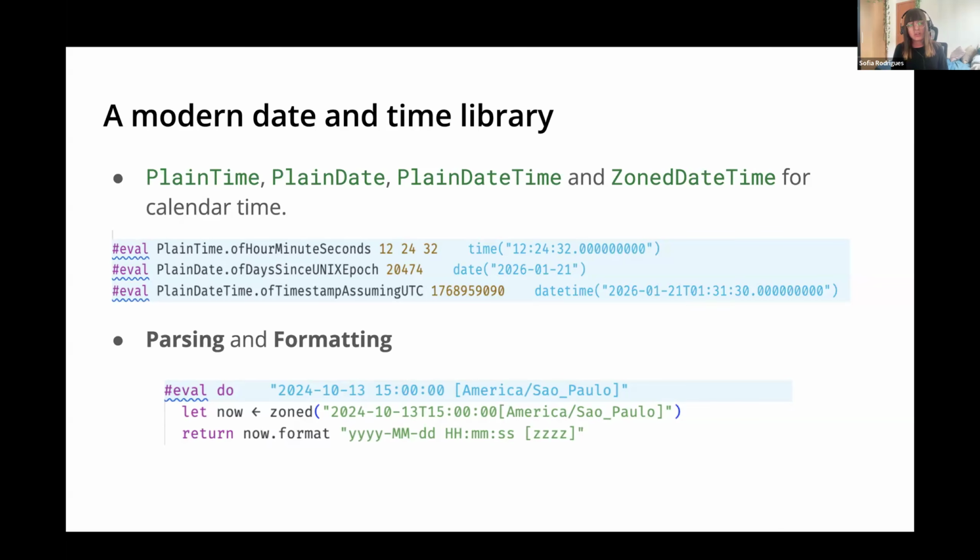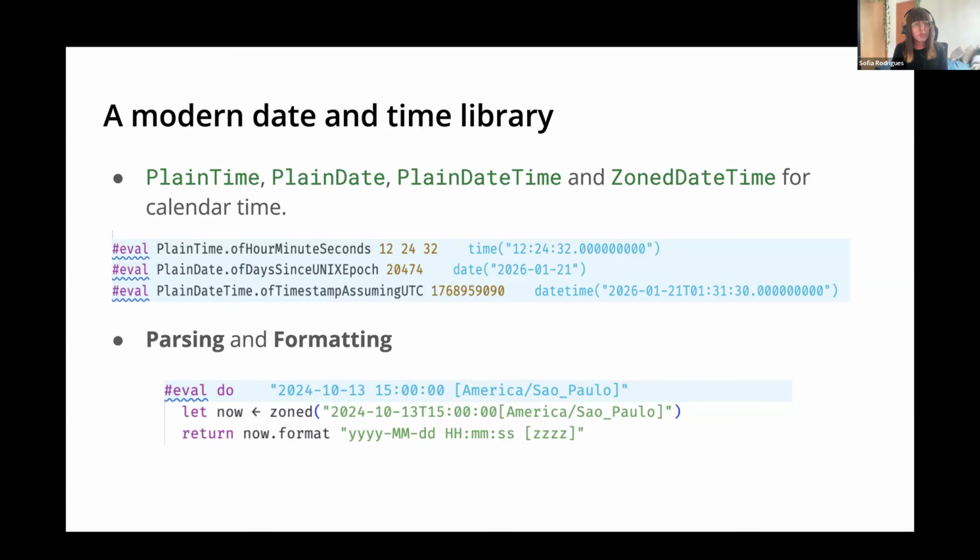In the second line, we build a plain date out of days since the Unix epoch, and in the last one, we build out of timestamps. The function names try to be really specific, so we don't have a lot of room for errors, and we have a lot of ways to create these things.